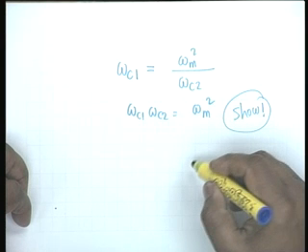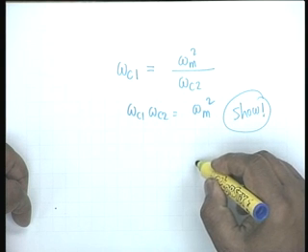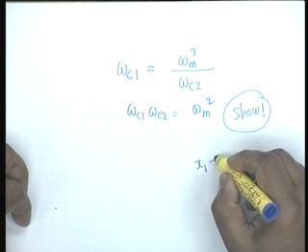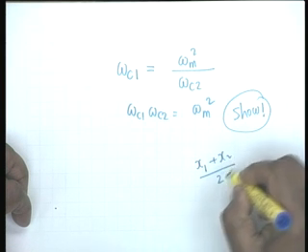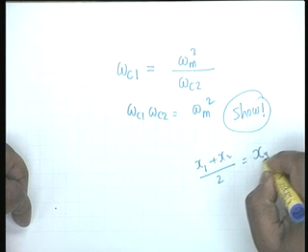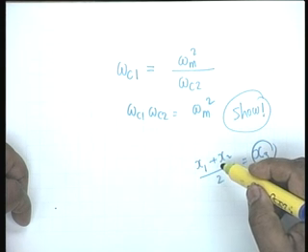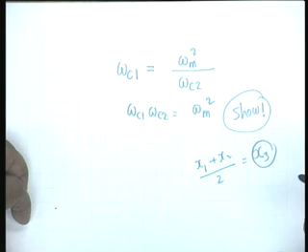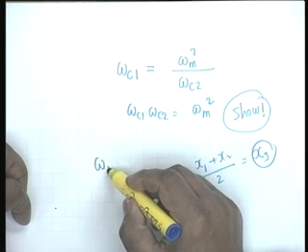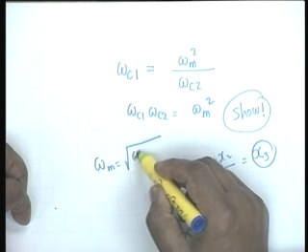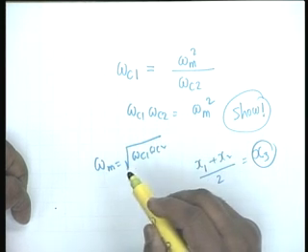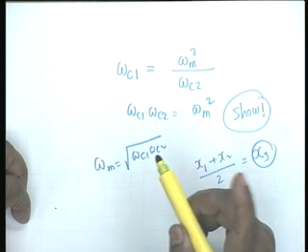You see, if I have let us say x1 plus x2 divided by 2 equals some x3, then I say x3 is the arithmetic mean of x1 and x2. On the other hand, if I have omega m as square root of omega c1 omega c2, then I say omega m is the geometric mean.